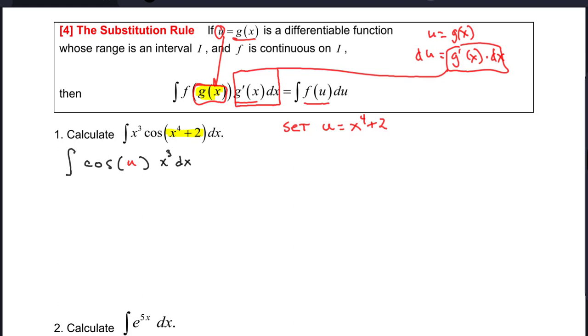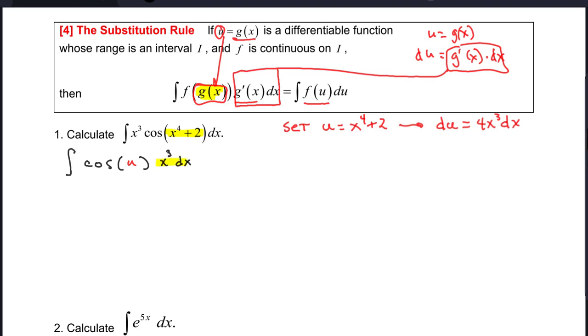And what we need is a representative for dx to substitute out. And if we come back here and do implicit differentiation, du is going to equal 4x cubed dx. Okay, now I'm looking right here and seeing, here's my problem.